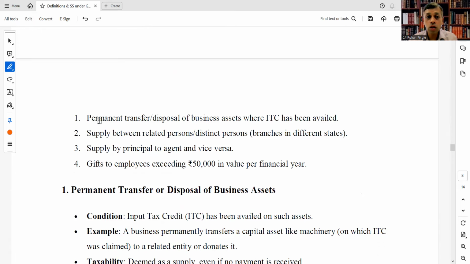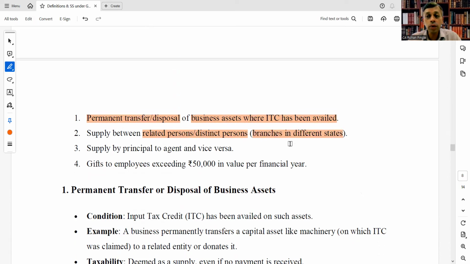Permanent transfer or disposal of business assets where ITC has been availed. Supply between related persons or distinct persons, branches in different states.